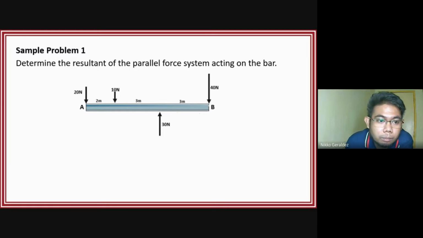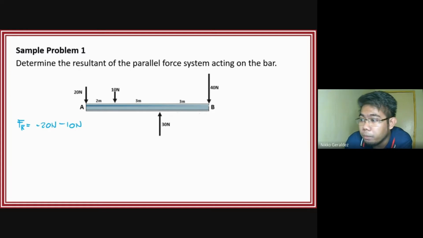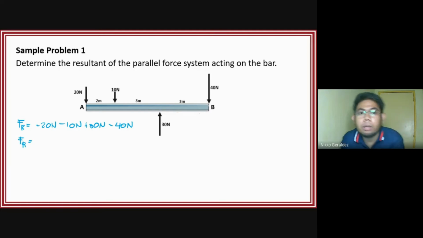So, resultant FR, that is equal to 20 newtons downward, so negative 20, 10 newtons, negative 10, 30 newtons upward, so that is positive, and 40 newtons downward. So, resultant force is equal to, ano sagot? So, that is negative 40 newtons.